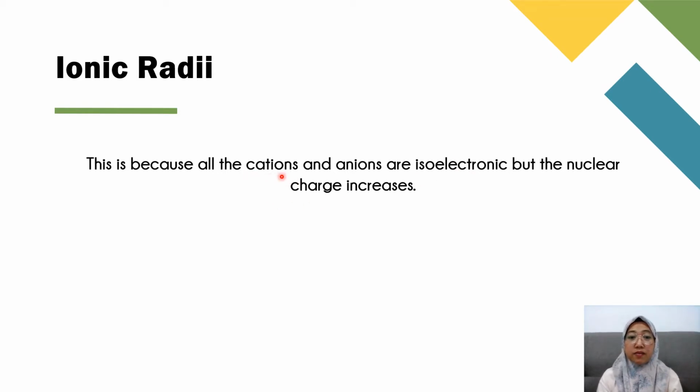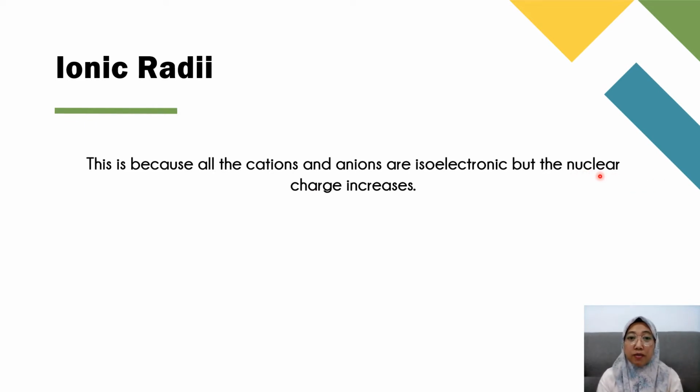Okay, for example, sodium ion and magnesium ion. Okay, both have same bilangan electron, number of electrons. Okay, untuk sodium ion dia ada 10 electrons, magnesium ion pun sama. But the difference is the nuclear charge. Nuclear charge we refer to the proton number.